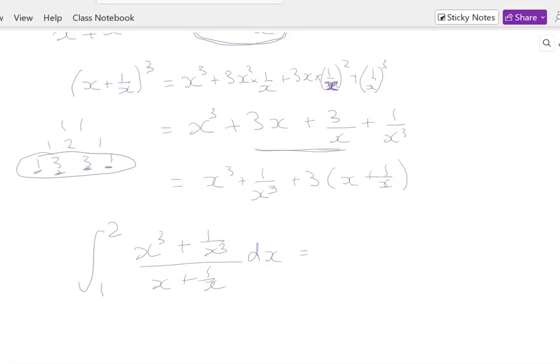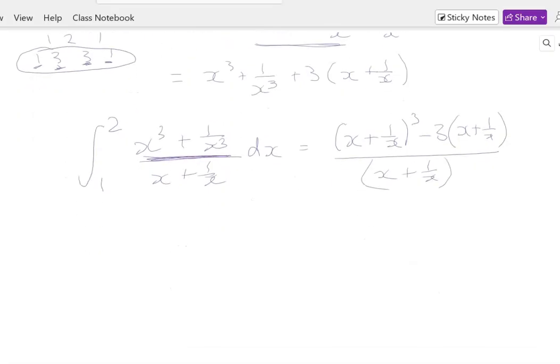We can rewrite this as x plus 1 over x cubed minus 3 into x plus 1 over x, divided by x plus 1 over x. I'm going to run out of time, so I'm going to jump a couple of steps.